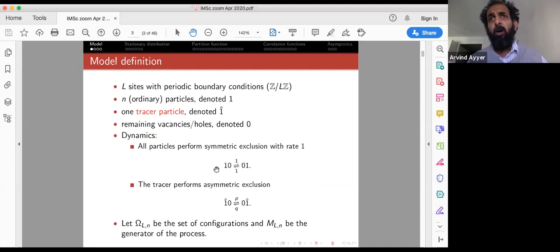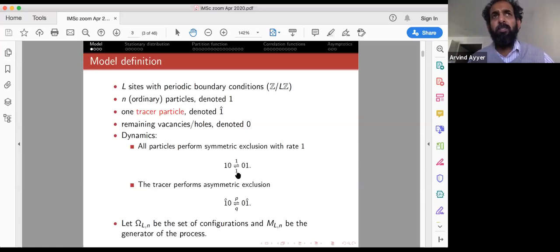Then the particle will hop to the adjacent vacancy with rate 1. So these 1s above and below the arrows correspond to rates of the process. Heuristically, at each time dt, there's a probability 1 times dt of the particle hopping. It's a useful way of thinking about it.